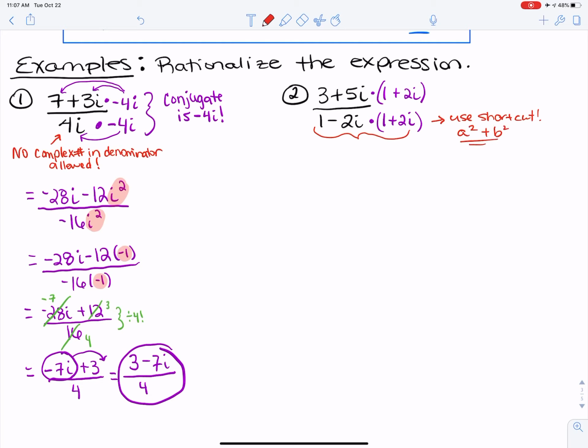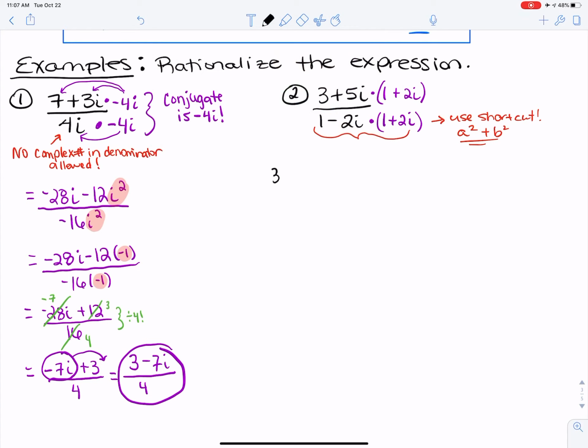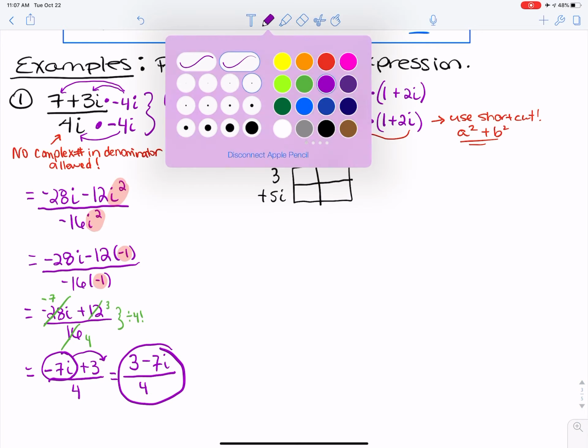That is the shortcut. So for the top, and I'm going to do it in two parts, 3 plus 5i, and this is 1 plus 2i. Again, I'm going to put my plus closer to my 2i so it can be two separate terms. And then I'm going to multiply.